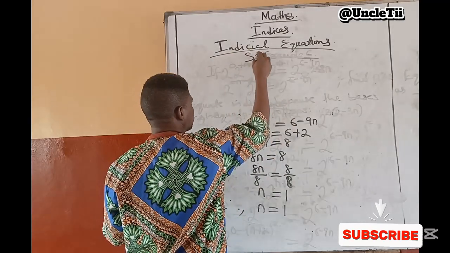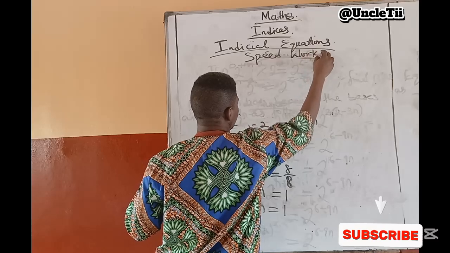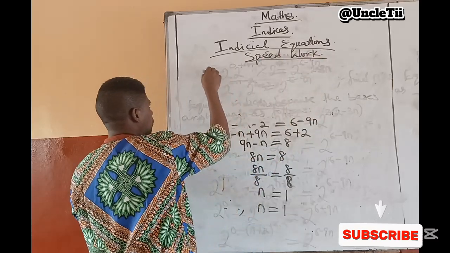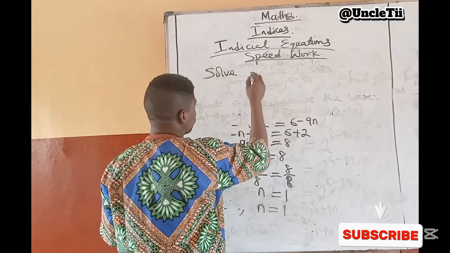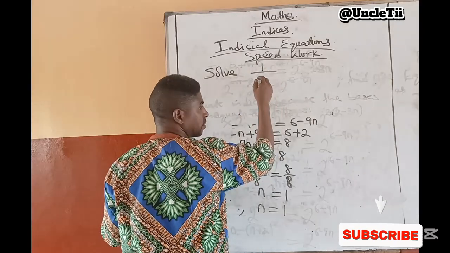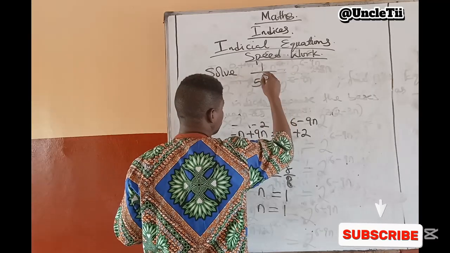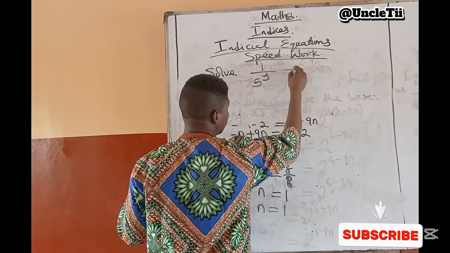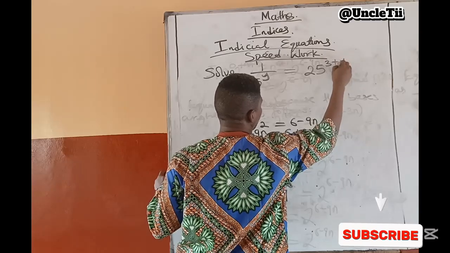And here is the question: 1 over 5 raised to power y is equal to 25 raised to power 3 plus y.